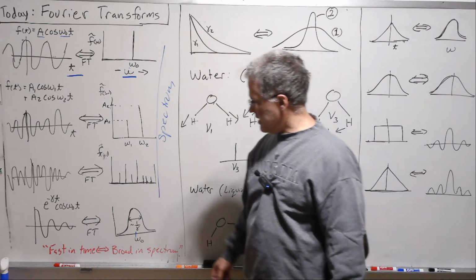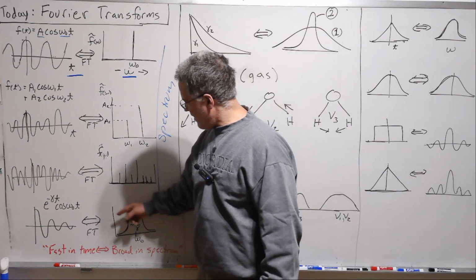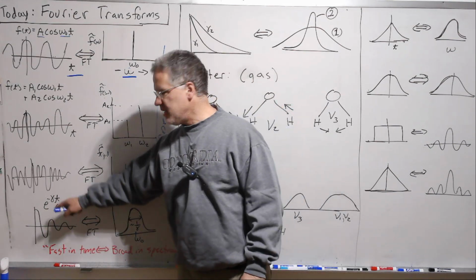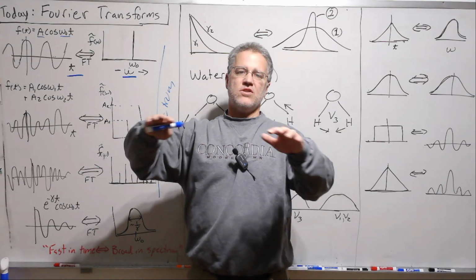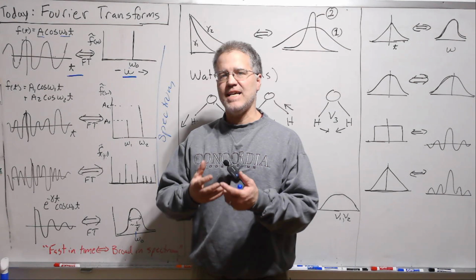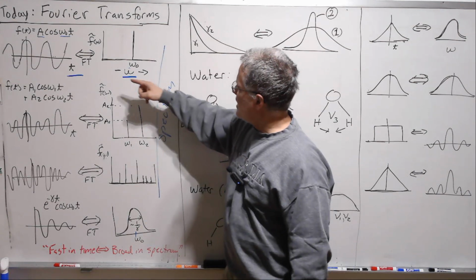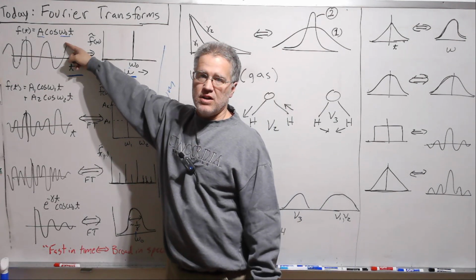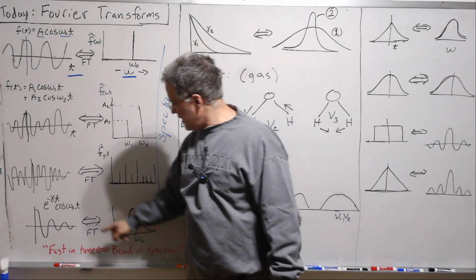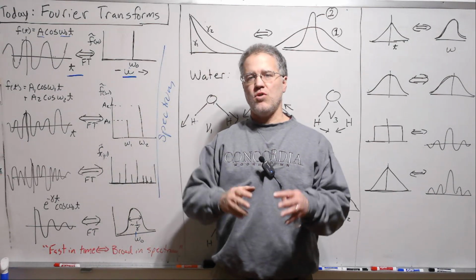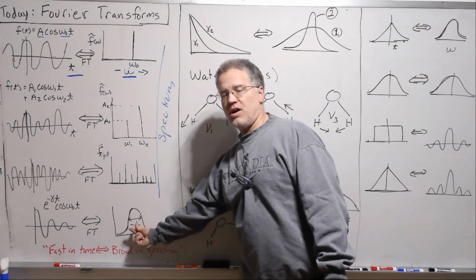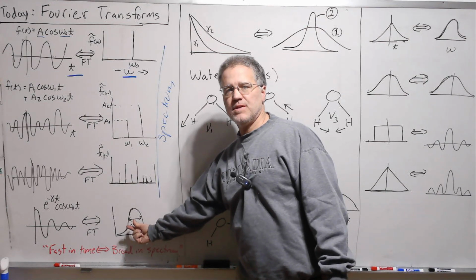Now, let's think of the limit here. If I make this gamma very, very small, then the decay is very long. It takes a long time to decay, and in the limit that I take that to 0, then I have just a cosine that goes on forever, and I have just a spike here. So if gamma gets very small, our decay is very slow in time, then our spectrum is very, very narrow.